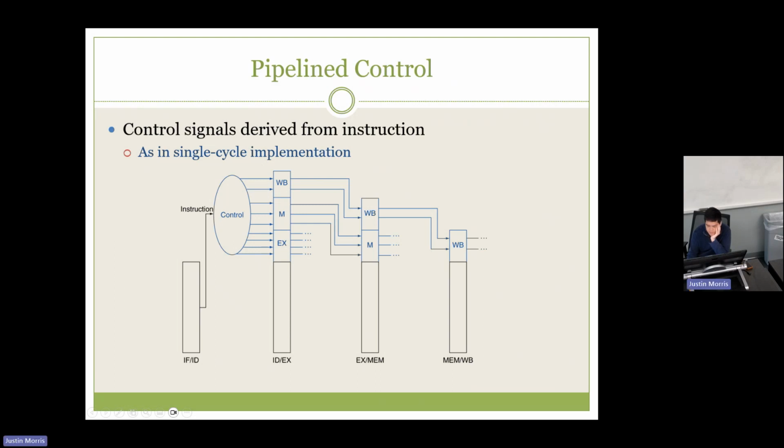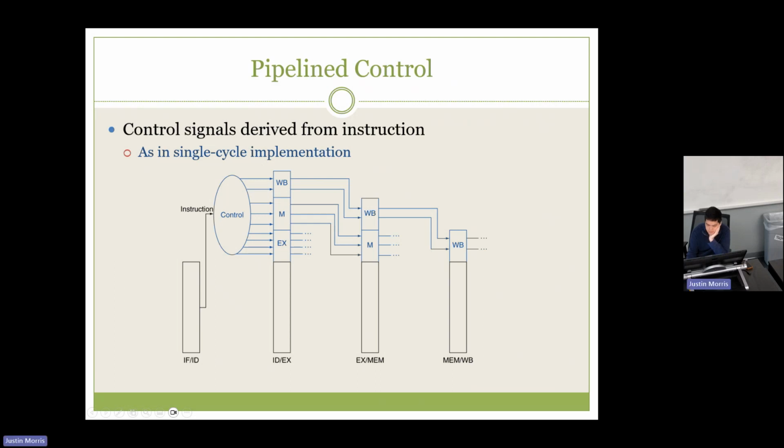And then now we have them split up: these are the signals that will be consumed in write back, these are the signals consumed in memory, these are the signals consumed in execute. And then when the instruction goes into execute, it has all of the control signals that it needs for all of its future stages saved into the pipeline register, and it's going to consume the ones needed for the execute phase.